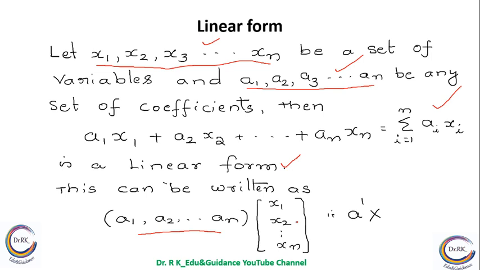A is a matrix consisting of a1, a2, a3, and so on, an, and X is a matrix consisting of x1, x2, so on, xn. A matrix is always denoted by a capital letter. So when we represent this form in terms of matrices, we take the transpose of A, so it is A transpose times X. This is the linear form.